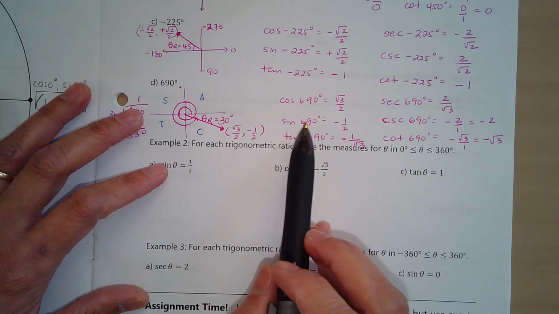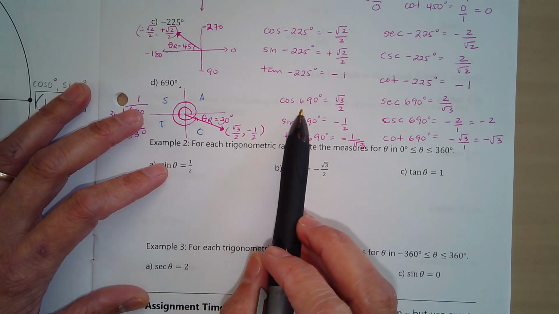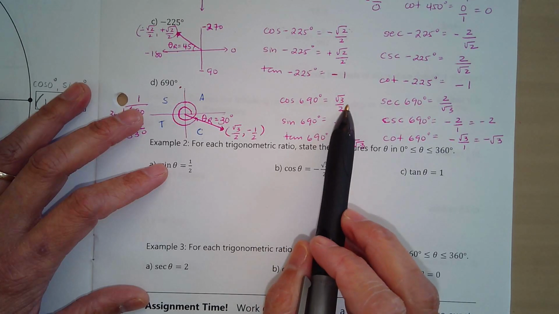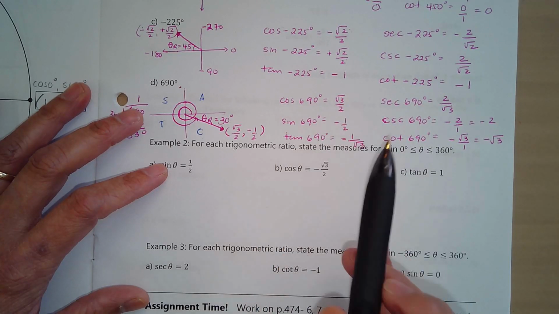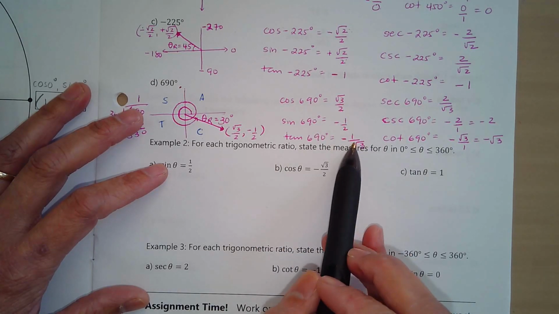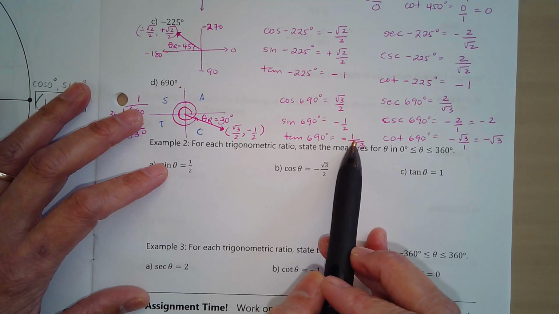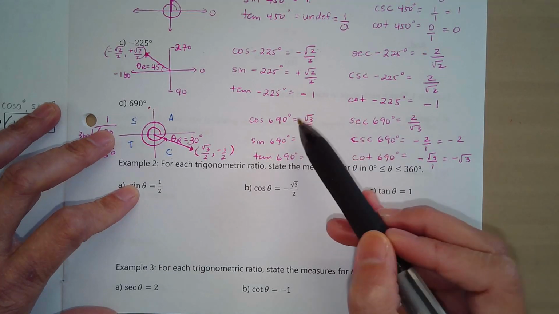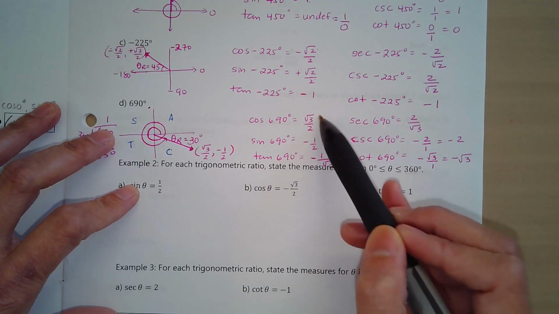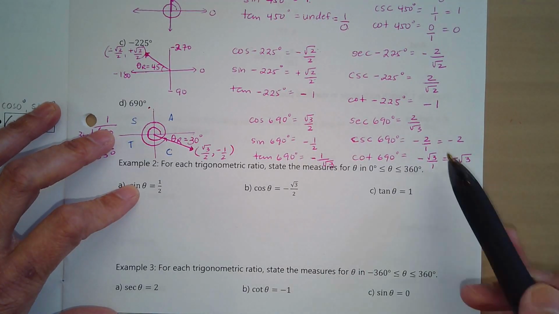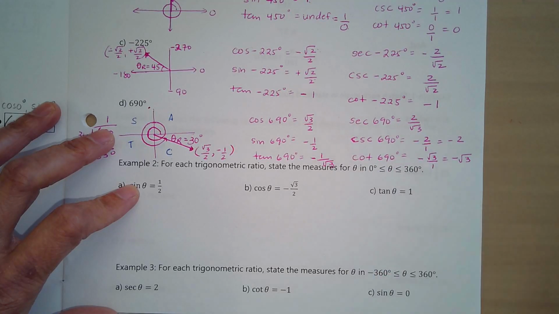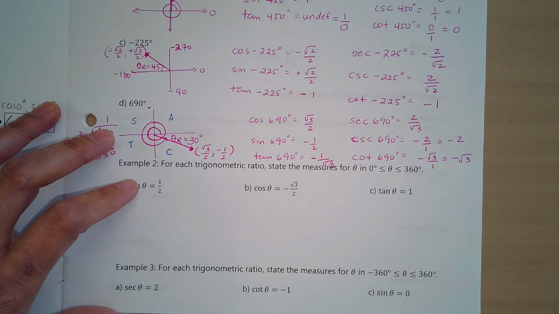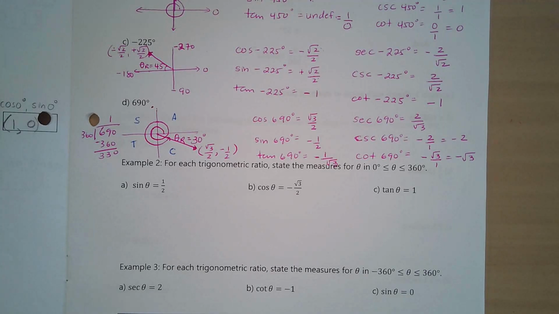So you look over here, cosine is the only positive. Sine is negative, tan is negative. So it works. Secant is positive because all we had to do was flip those two around, right? So that makes sense, and these ones are still going to be negative. So that one works.